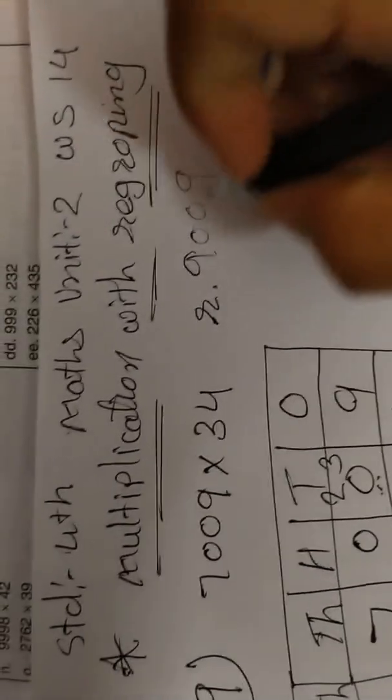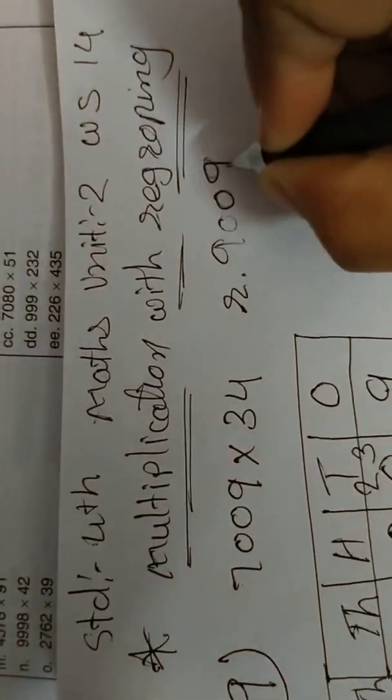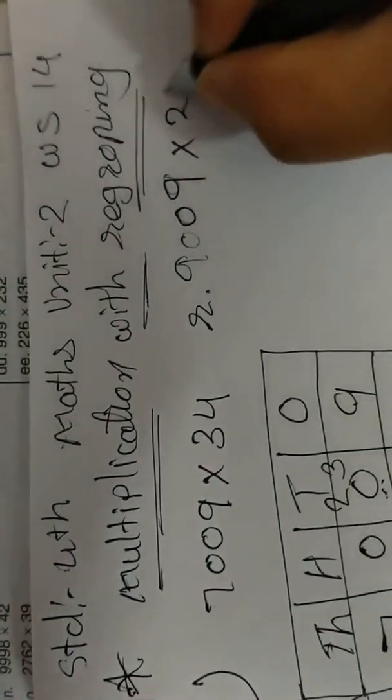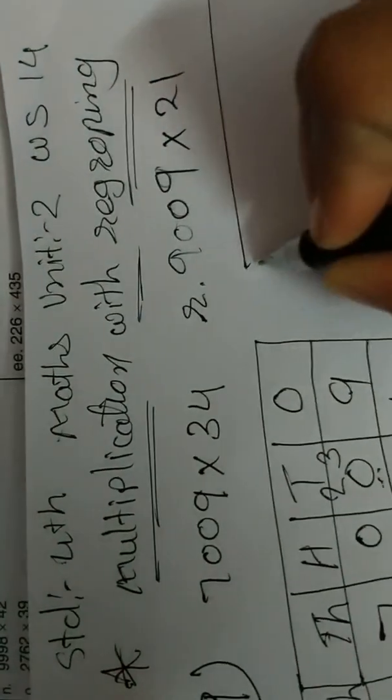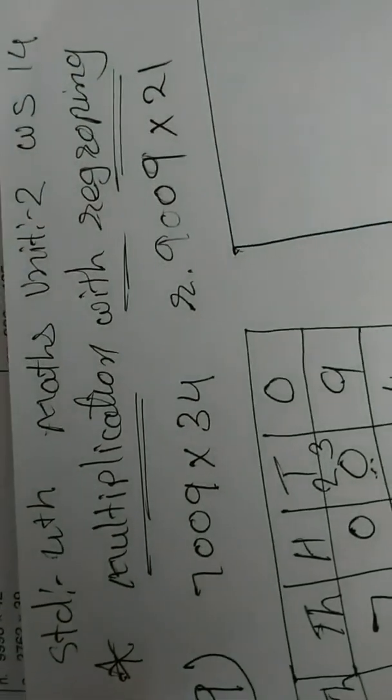Now students, next sum, R sum, 9,909 multiplied by 21. So we have to draw the place value box.